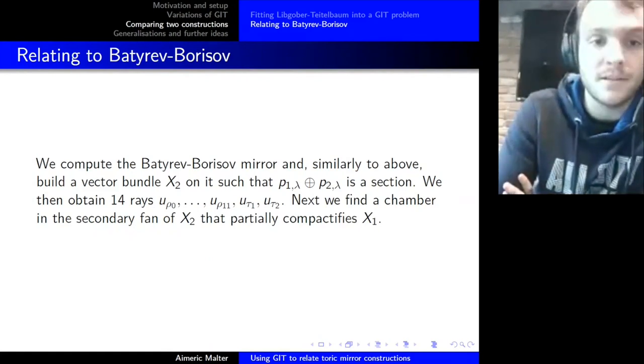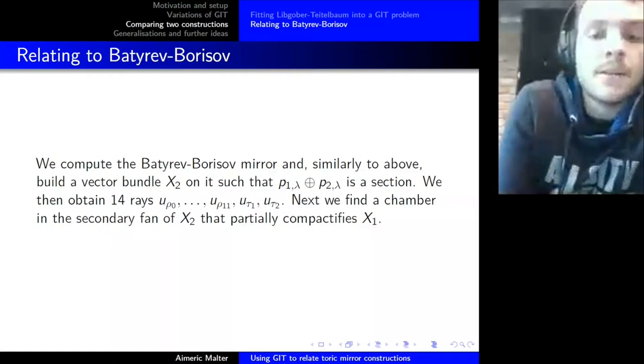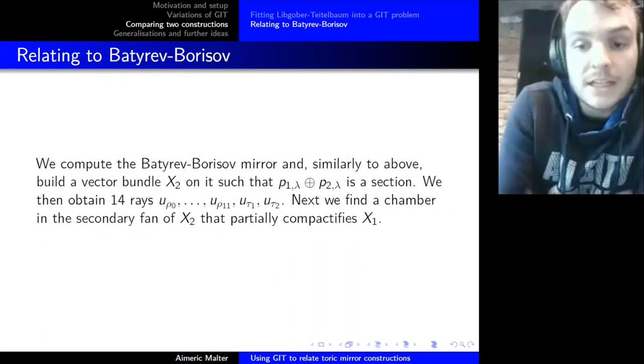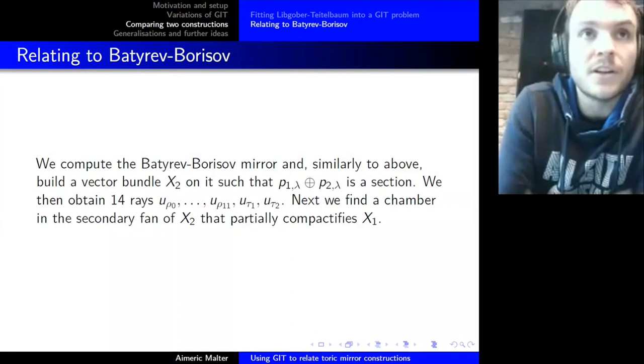How do we actually compare them? I computed the Batyrev-Borisov mirror, and similar to above, built a vector bundle on it such that the two functions that I wrote in the theorem, P1 and P2, which really look like Q1, Q2, just with some added bits, is a section.